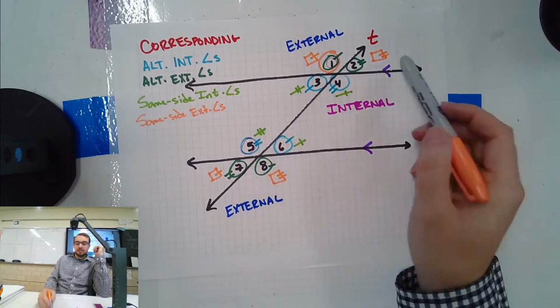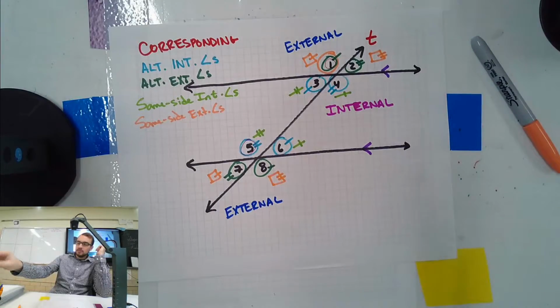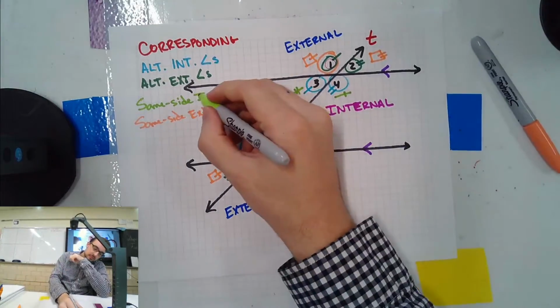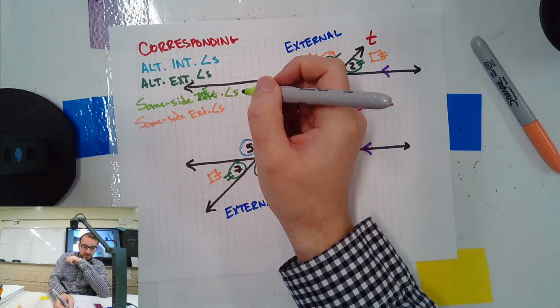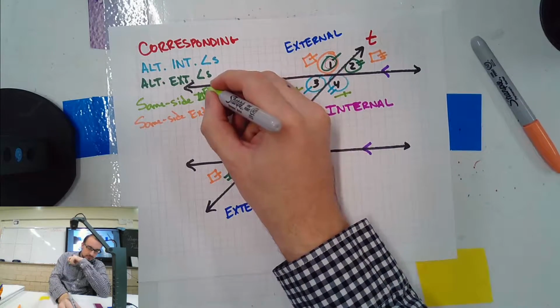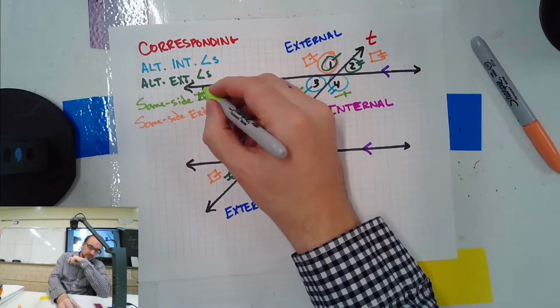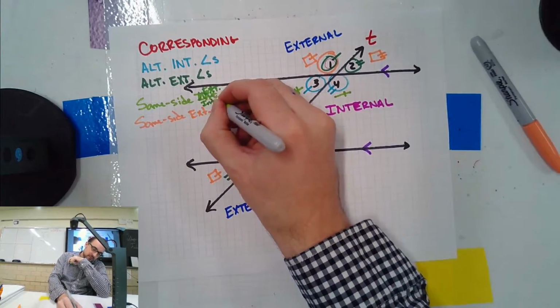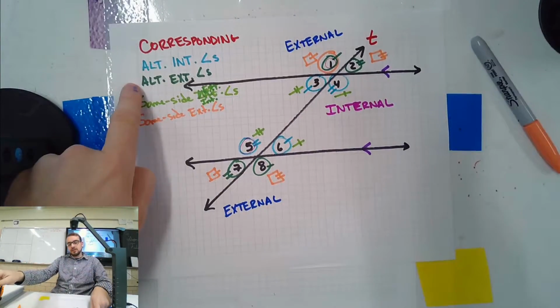We've got alternate exterior, same side exterior. I miswrote something. That should say exterior. Right? Same side exterior. Yeah. Nope, same side interior. I had it right before. So we have alternate interior, same side interior, alternate exterior, same side exterior.